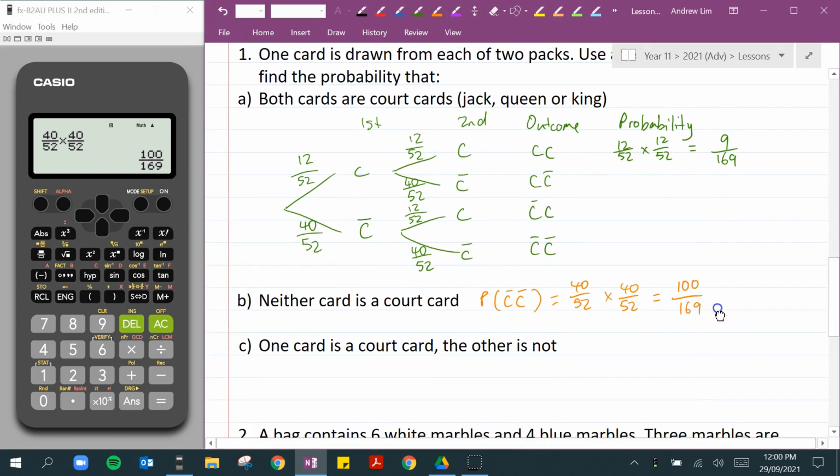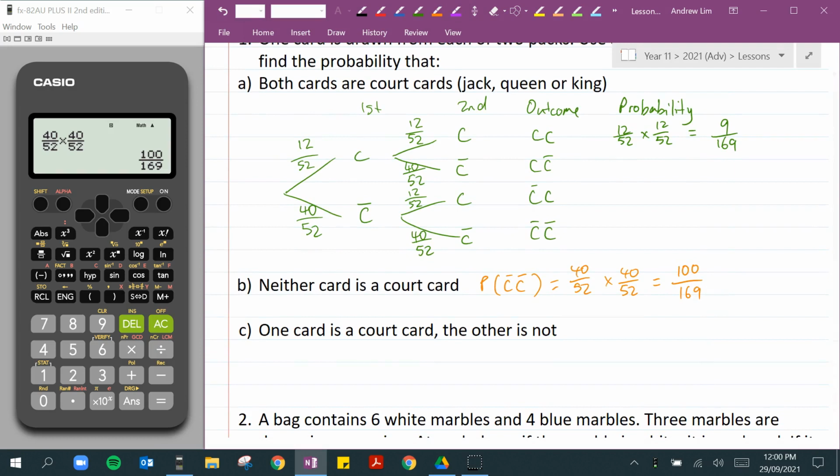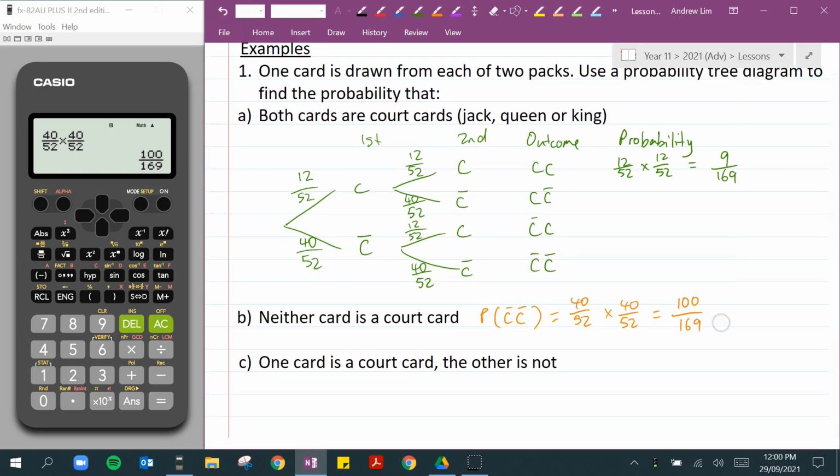And last question. One card is a court card, the other is not. Well, there's 2 of them. So this one, what we could just do, the probability that we've got court and not a court, or not a court and court, is we can just do 1 minus these 2 that we've already found, because we know that the probabilities will add to 1.